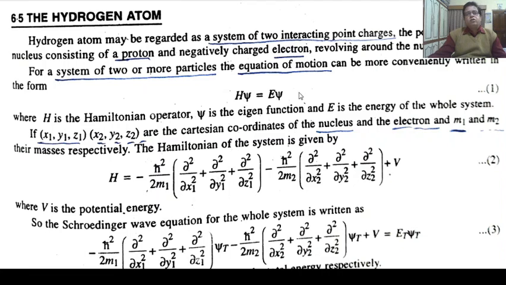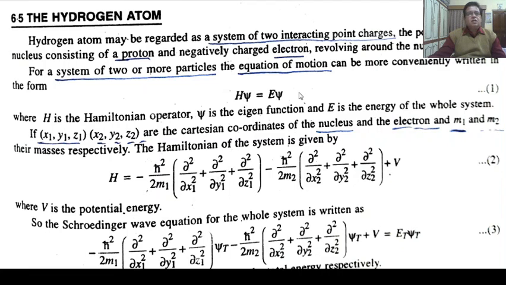We know that the hydrogen atom may be regarded as a system of two interacting point charges. That means there are two charges which are interacting, and such a system we are using in the hydrogen atom.